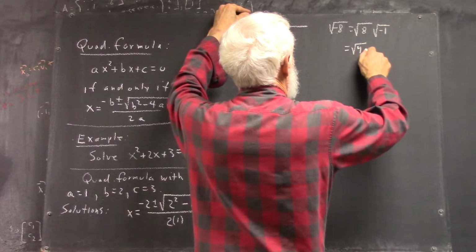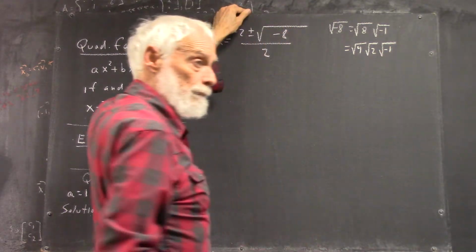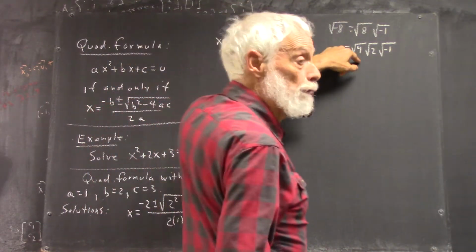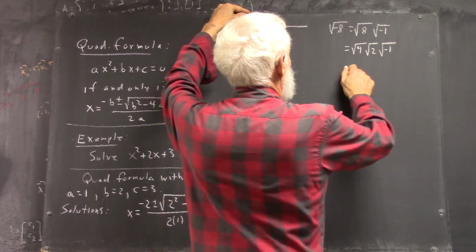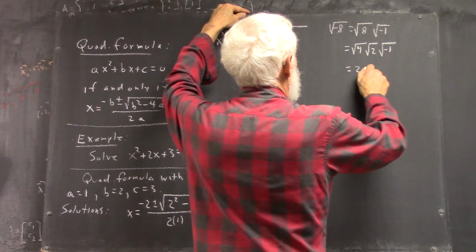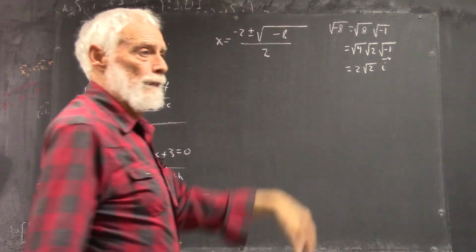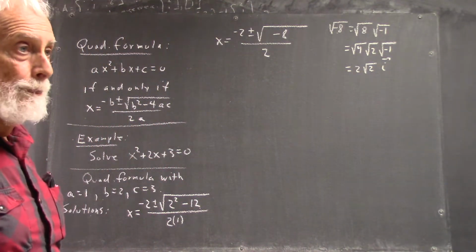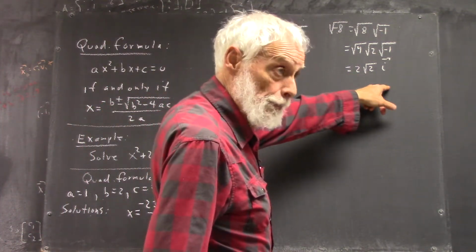And factor out the biggest square as we've done. Biggest square being 4, right? So now we can take the square root of that, and we get 2 times the square root of 2 times i. Okay? So square root of -8 is 2 square root of 2 times i.